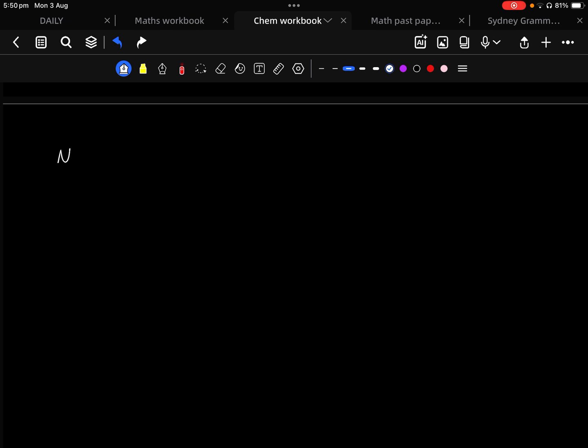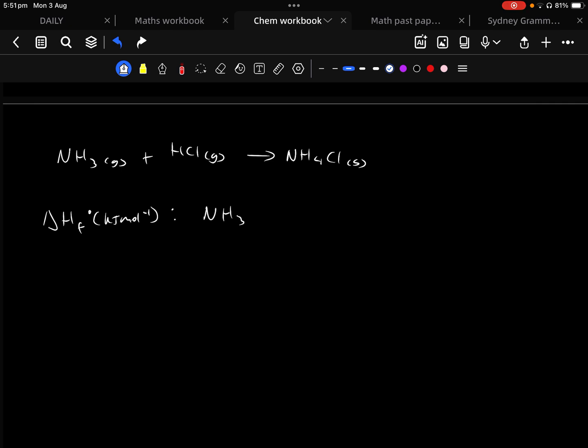So let's consider this equation, where we know the delta H of formation of NH3.